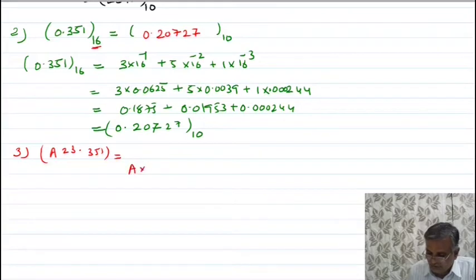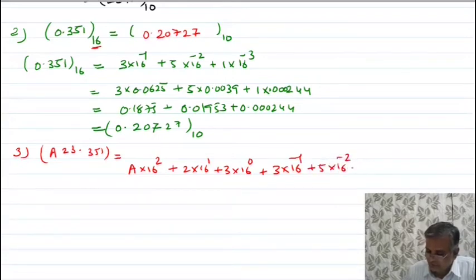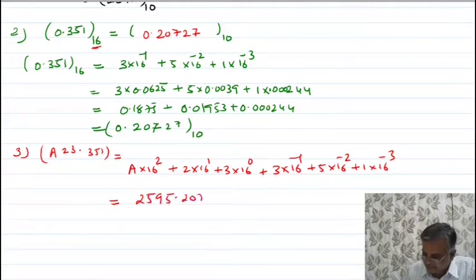This is A into 16 raised to 2 plus 2 into 16 raised to 1 plus 3 into 16 raised to 0 plus 3 into 16 raised to minus 1 plus 5 into 16 raised to minus 2 plus 1 into 16 raised to minus 3. Already we did this. You can check and you will get the answer. In this way you can convert a hexadecimal number into a decimal number.